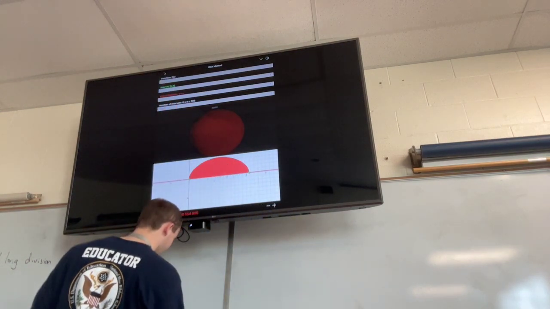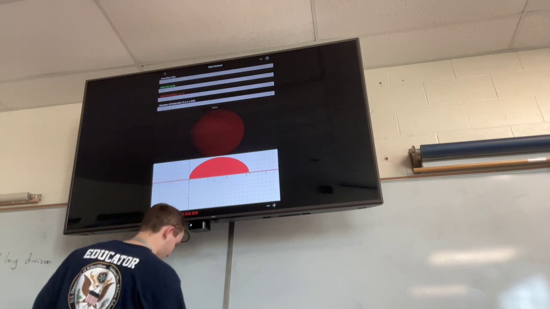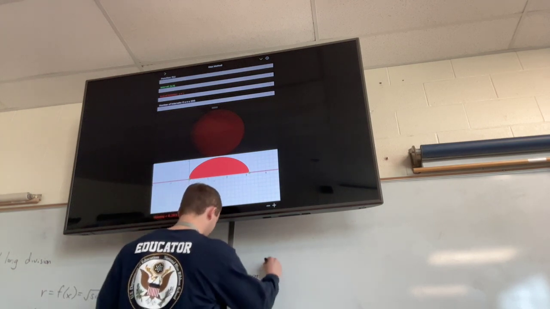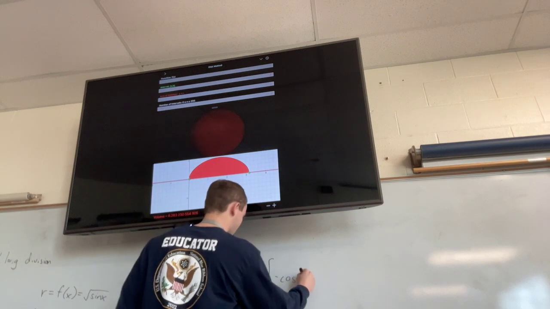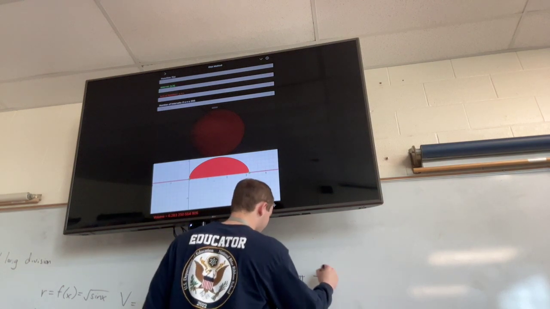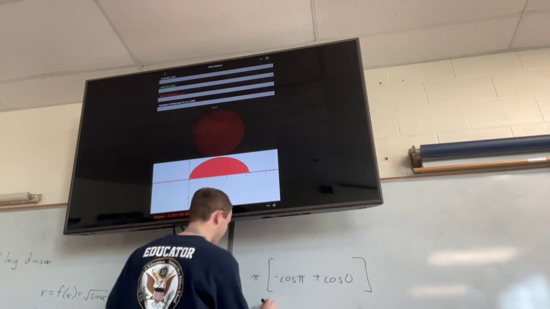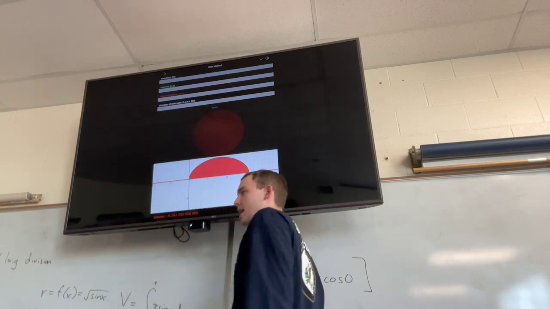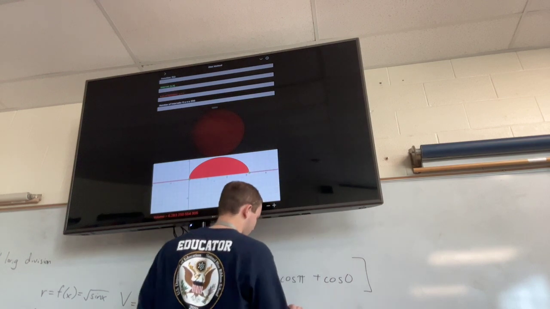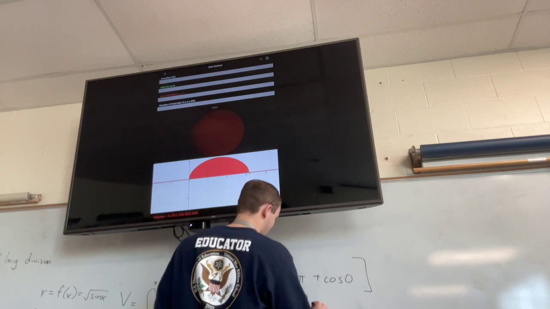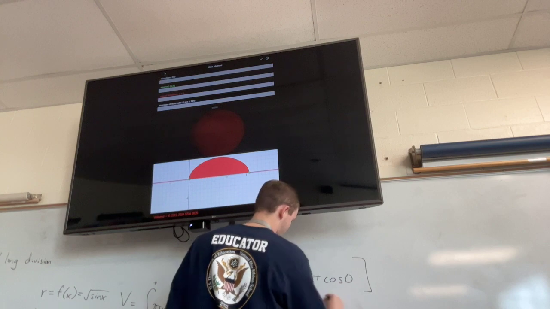So it's pi times negative cosine x, evaluated from 0 to pi, which is pi times negative cosine pi minus, so plus cosine of 0. What's the cosine of pi? Negative 1. So 1 plus 1, which is 2 pi.